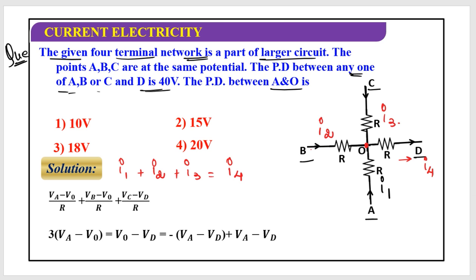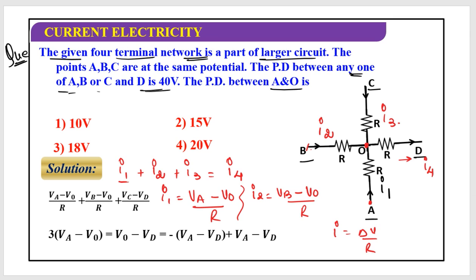I hope these things are clear. So what is I1? It's the potential difference between A and O. I can write I equals delta V by R. So I1 equals VA minus VO divided by resistance.